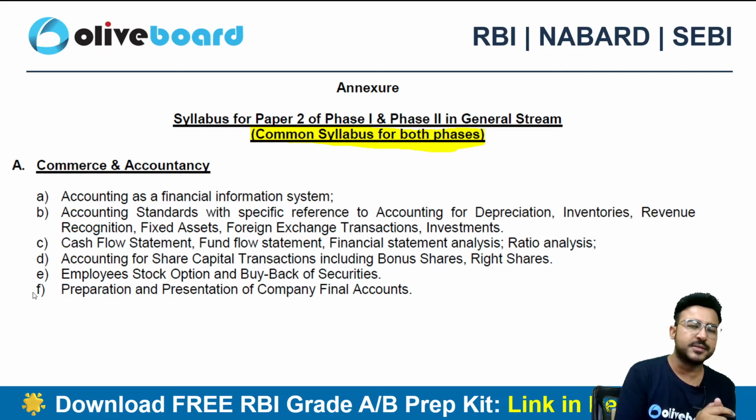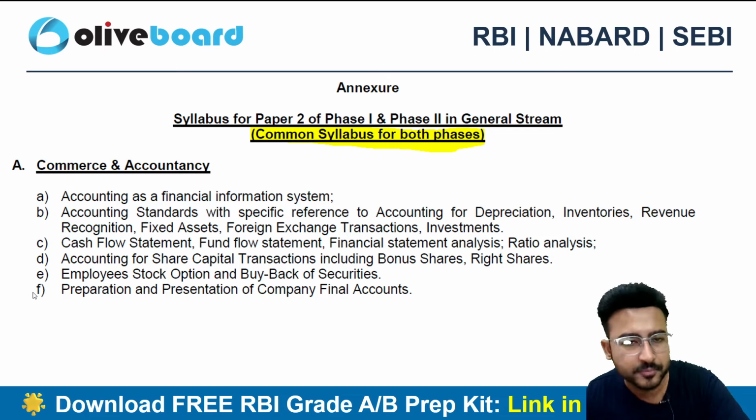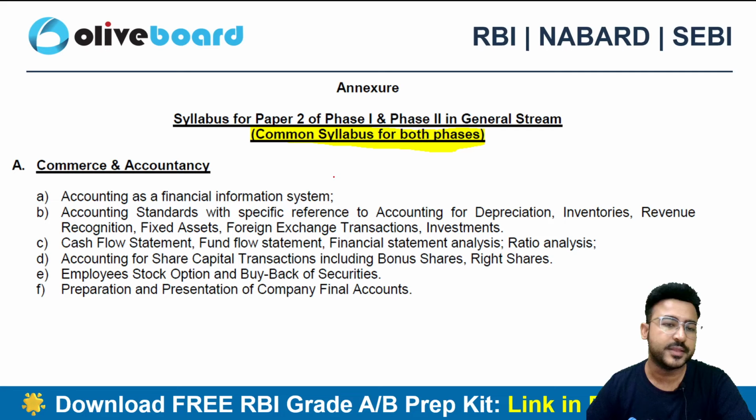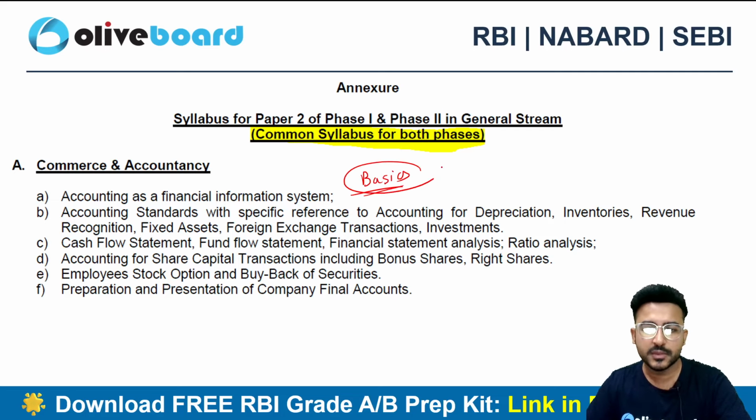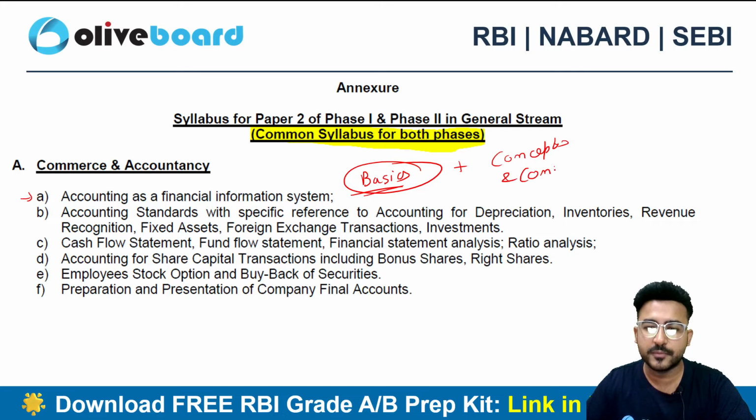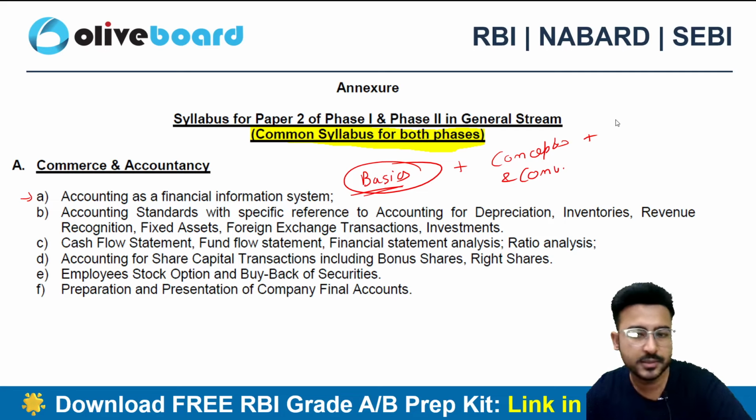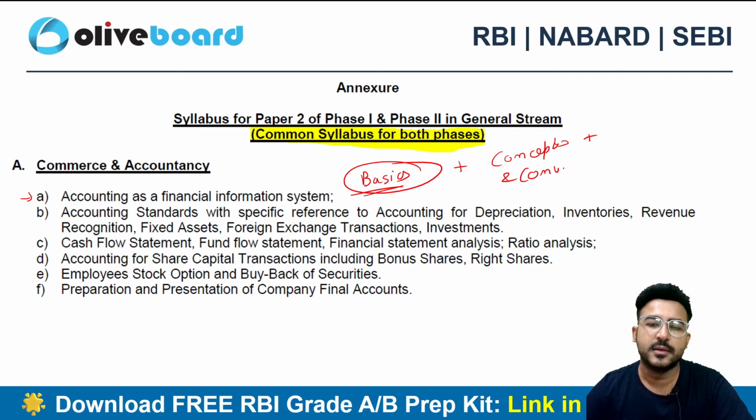So definitely, first of all, commerce and accountancy is a very major subject here. In this you will be learning the basics of accounting. Basically this first chapter is all about basics only. Then I would like to add some more chapters like concepts and conventions of accounts, what is double entry bookkeeping, what is single entry bookkeeping.